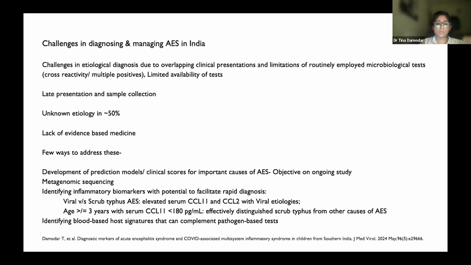The second thing, which Bhagteshwar also spoke about, is metagenomic sequencing, if not for individual samples, then at least combining samples and doing group testing to see if you're missing some important pathogens which are not yet looked for. And the third is identifying inflammatory biomarkers, which can potentially help facilitate rapid diagnosis.